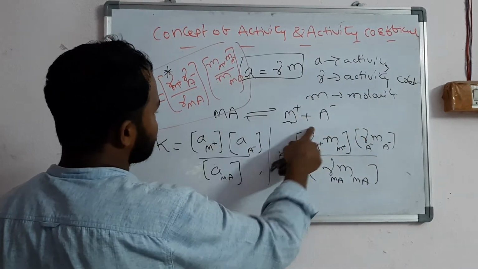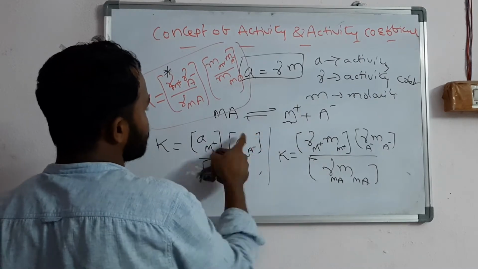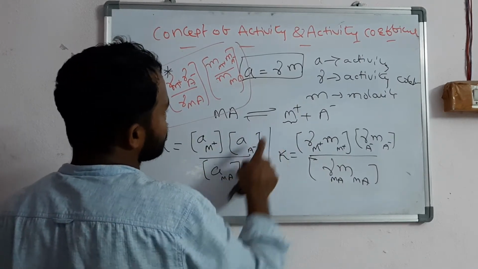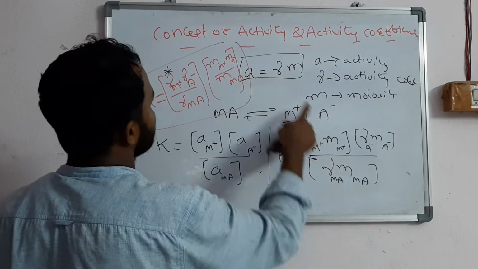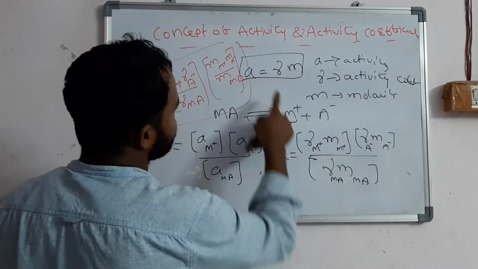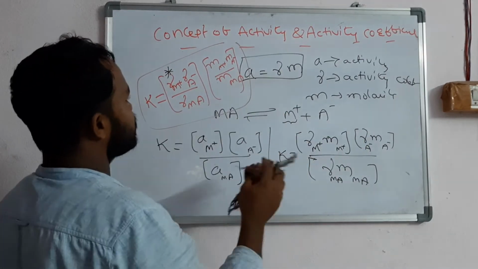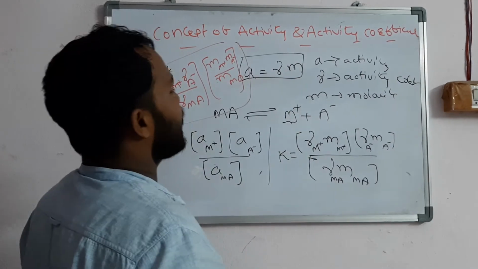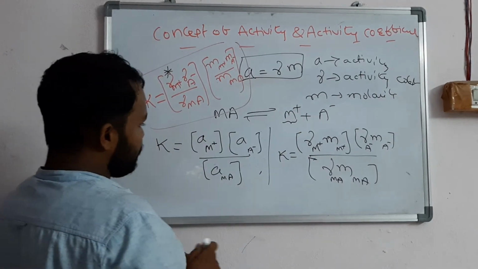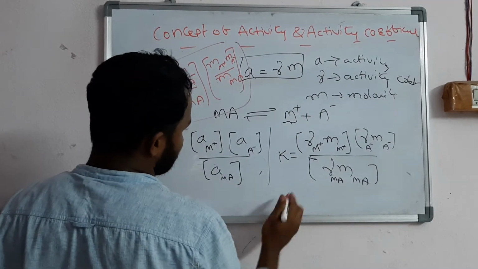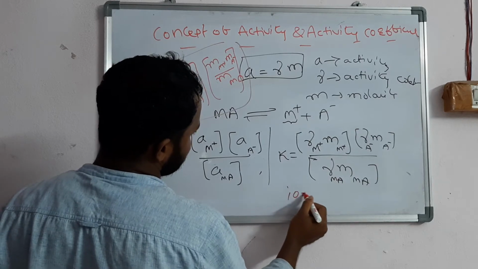Then write this equation, the concentration of products by reactants, and in place of A write γm directly, then separate the terms. This is about the concept of activity and activity coefficient, which is mainly calculated on the basis of ion interactions.